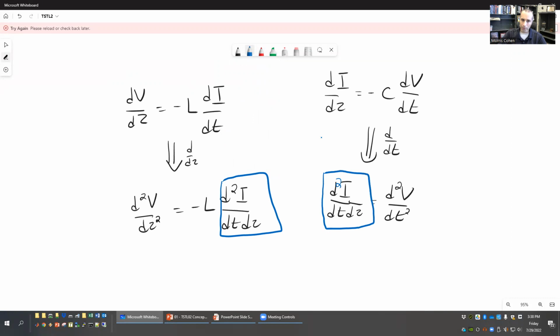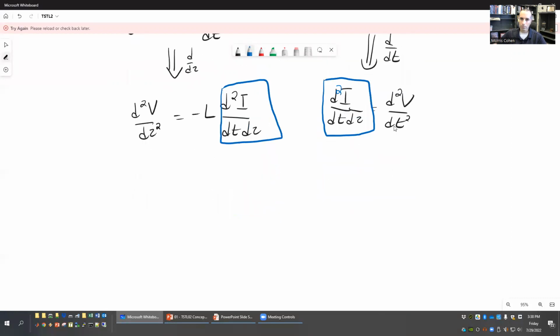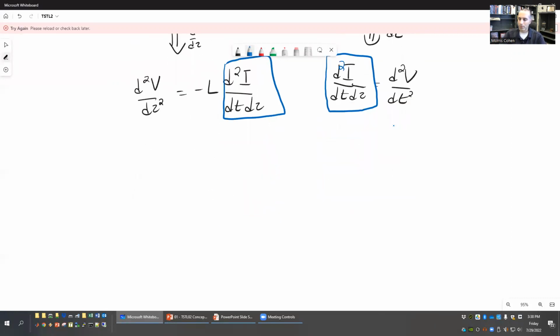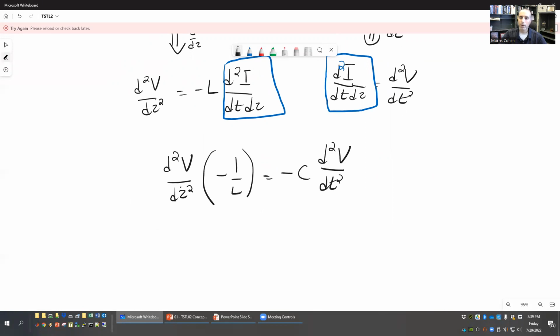And if we do that, we get the following: d squared V/dz squared times minus 1 over L equals minus C times d squared V/dt squared.